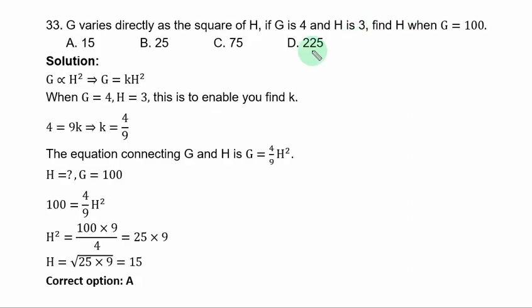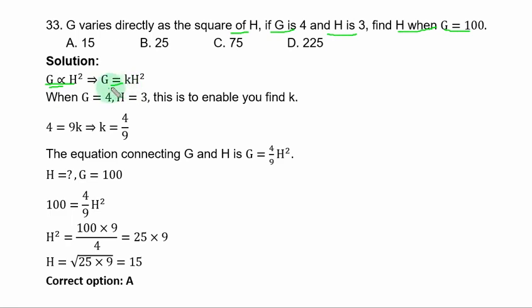Question 33. G varies directly as the square of h. This is the meaning of direct variation. If G is equal to 4 and h is 3, find h when G is equal to 100. From this expression, we always replace the symbol of variation with an equality sign, and at the same time introduce the constant of variation, which always multiplies the right hand side.